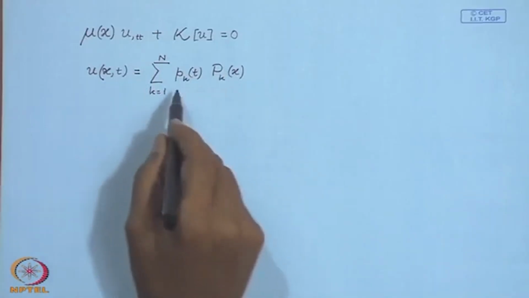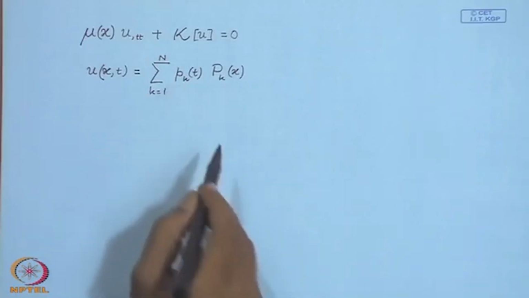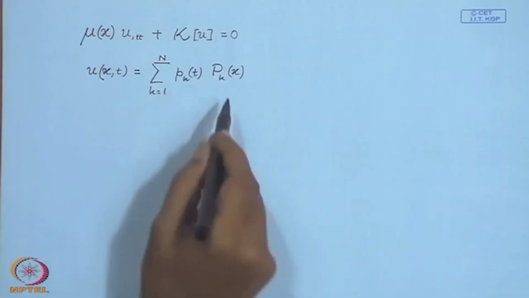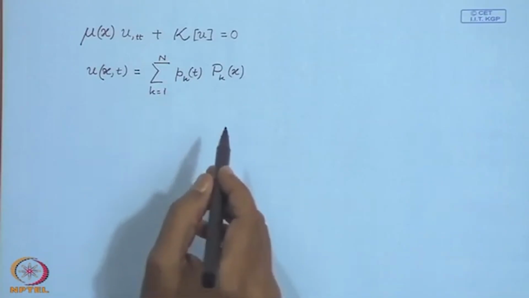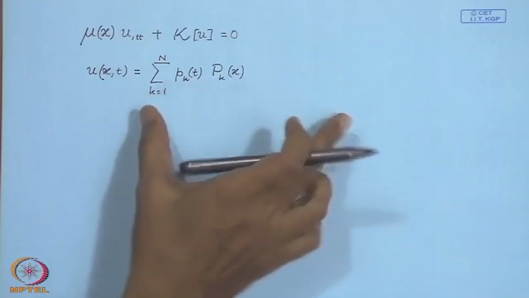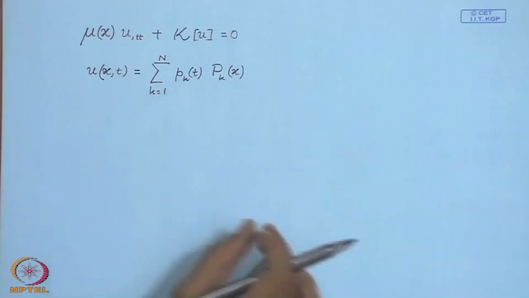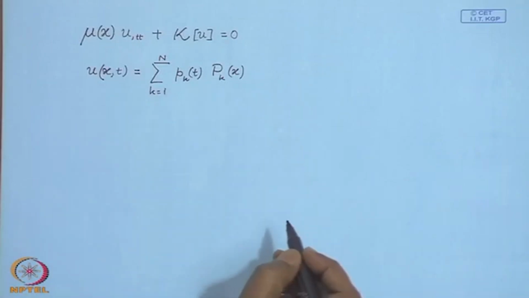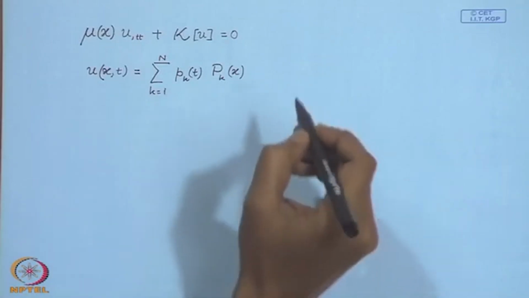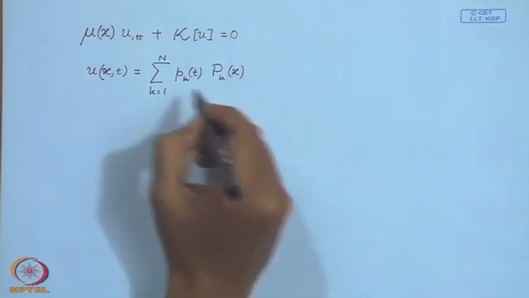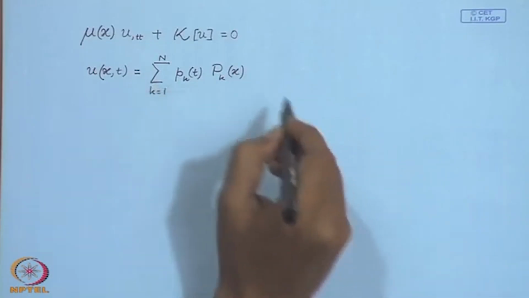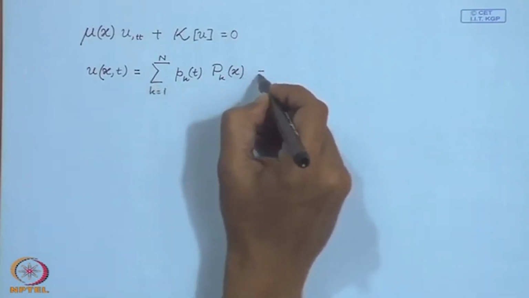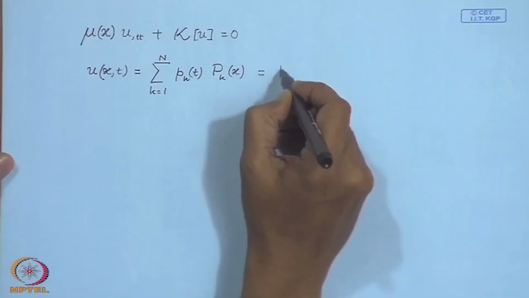One thing that may be mentioned here is that even though this looks like a separable solution, actually it is not, because this is an expansion. Had it been only one term, then it is a solution that is separated in space and time, but once you take this expansion, it is no longer a separable solution.